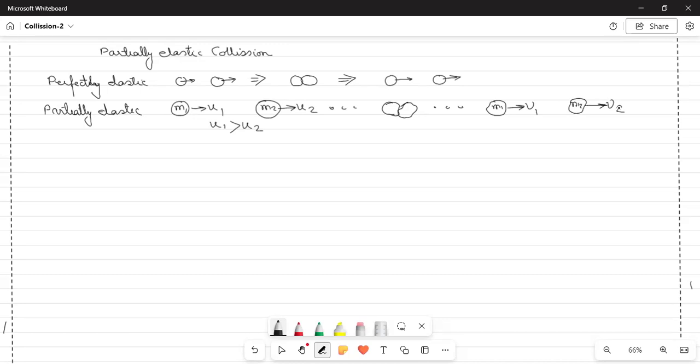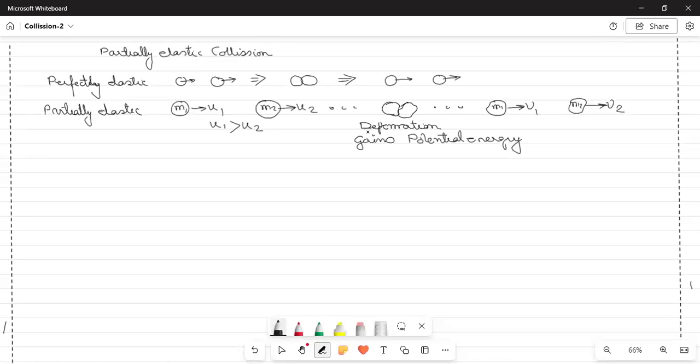So here, mind it, they are deformed during collision. There is a deformation of the shape of the body during collision. Deformation means there is a potential energy. Both M1 and M2 gain potential energy.